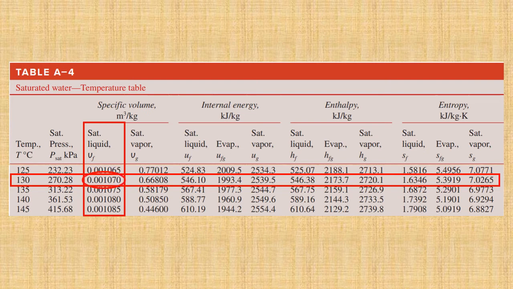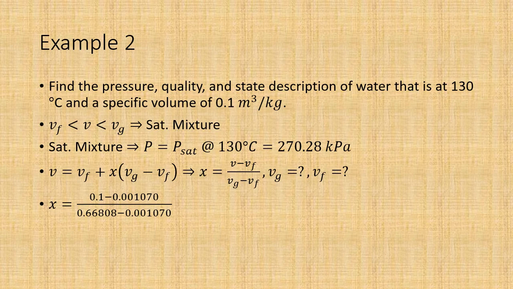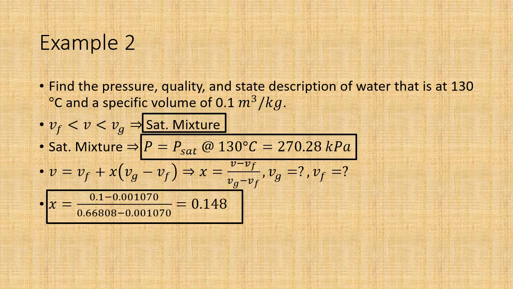Vg is under the Vg column and is equal to 0.66808 meters cubed per kilogram. Entering these values into our derived formula, we find that the quality X is equal to 0.148. We have now completed this example, and the final answers are in a box.